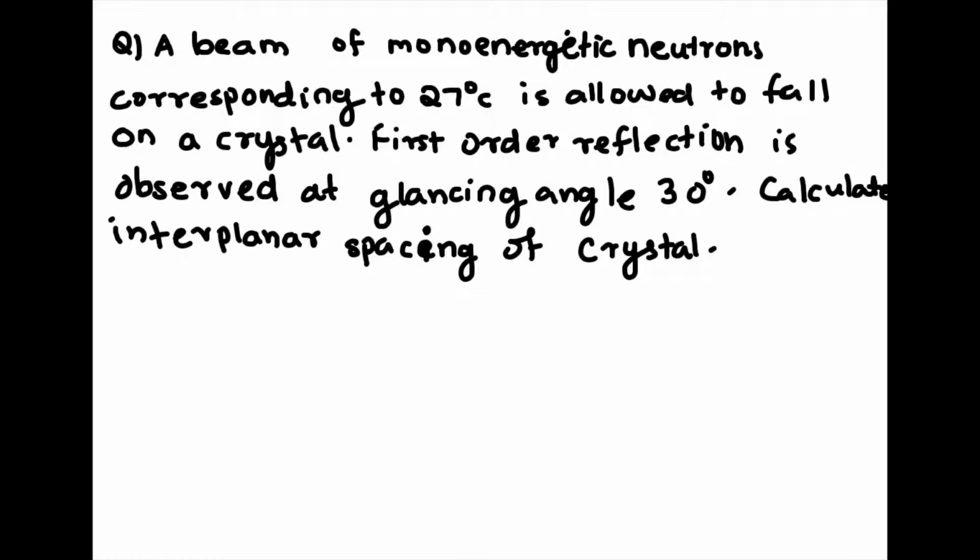Here is the question: a beam of monoenergetic neutrons corresponding to 27 degrees Celsius is allowed to fall on a crystal.